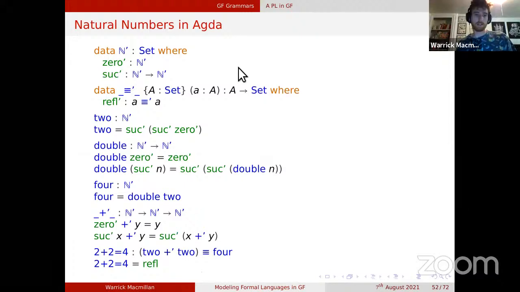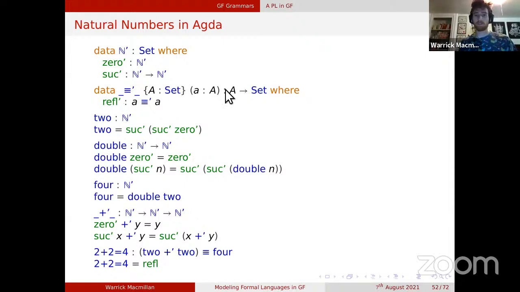So here's some Agda code where we show how to define the natural numbers, and equality. The data keyword says we're defining an inductive type, where the formation rule just says that the natural numbers are a set. The constructors, or introduction rules, say that 0 is natural and successor recursively takes a natural number to a natural number.